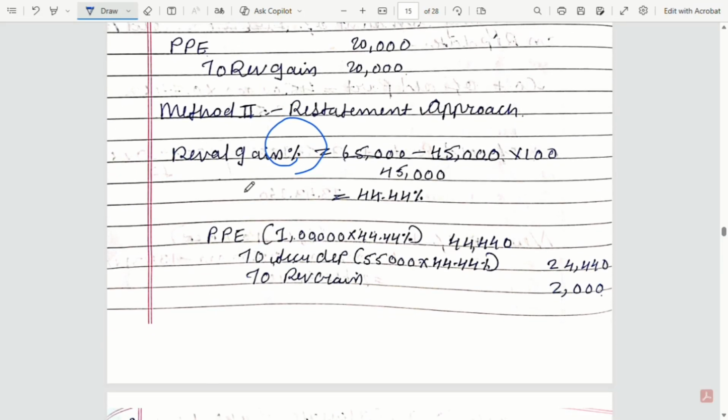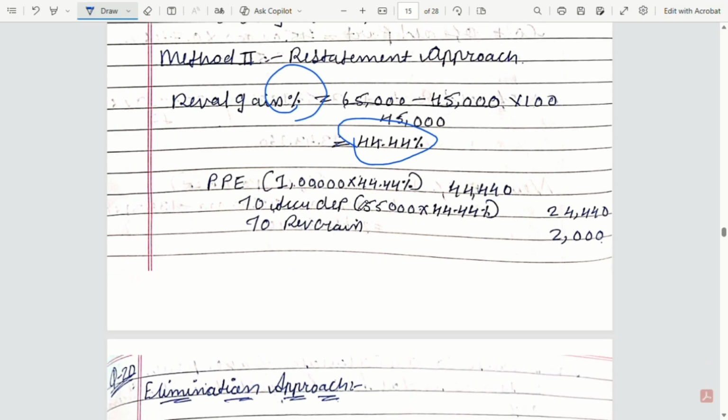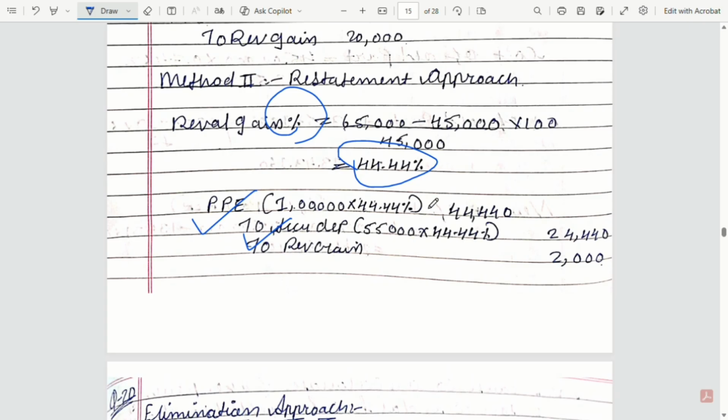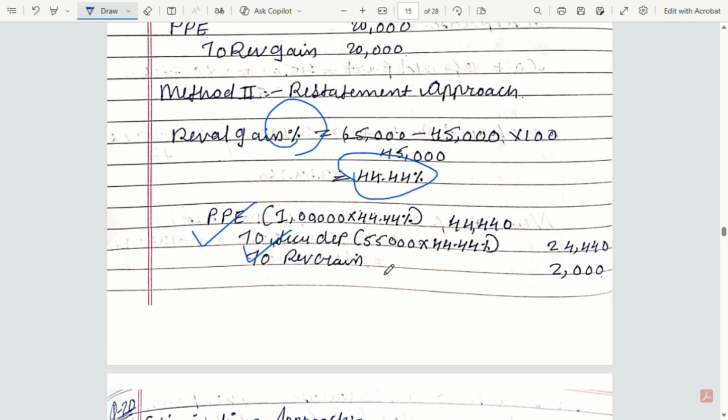So here it is a revaluation gain. कितना revaluation gain हो रहा है, that we will calculate, and then proportionate 44% we will adjust from the PPE and accumulated depreciation, and this impact will happen on the gross carrying value. नेट कैलकुलेट करके उसमें परसेंटेज अप्लाई नहीं करना है. 1 लाख का हम लोग का पीपीई है, अभी गेन हो रहा है, तो इतने परसेंटेज से हम लोग अपना पीपीई बढ़ाएंगे, उतने ही परसेंटेज से हम लोग अपना एक्यूमुलेटेड डेप्रिसिएशन इंक्रीज करेंगे, एंड बैलेंसिंग फिगर फिर हम लोग रिवैल्यूएशन गेन में पोस्ट करेंगे. ठीक है, इजी.